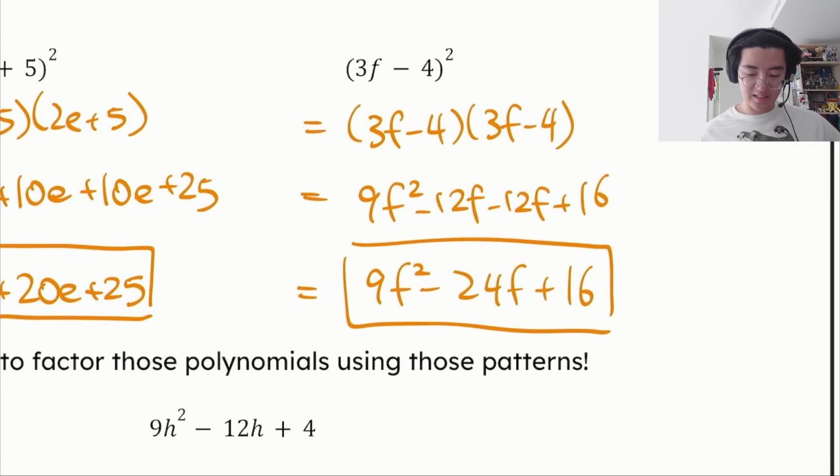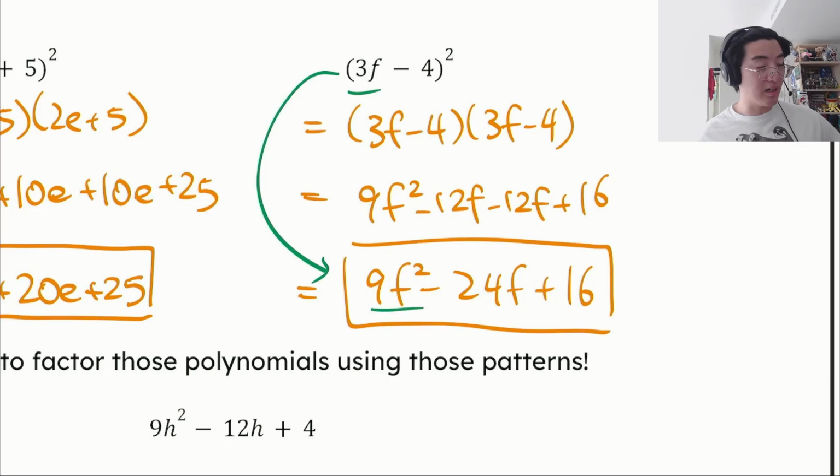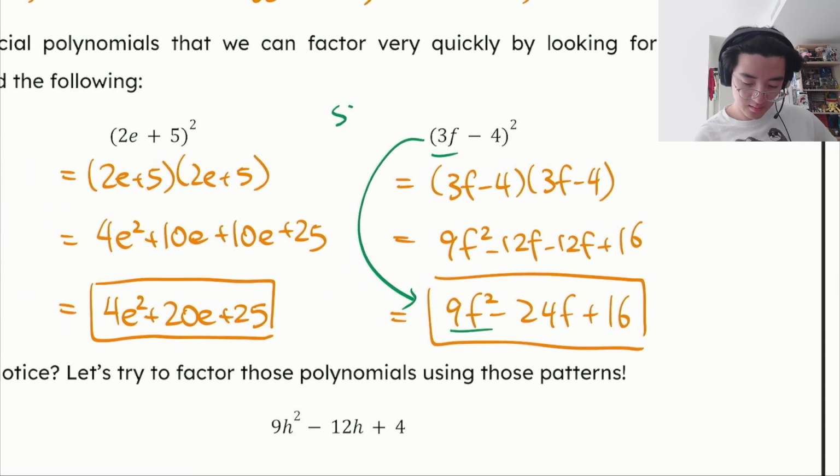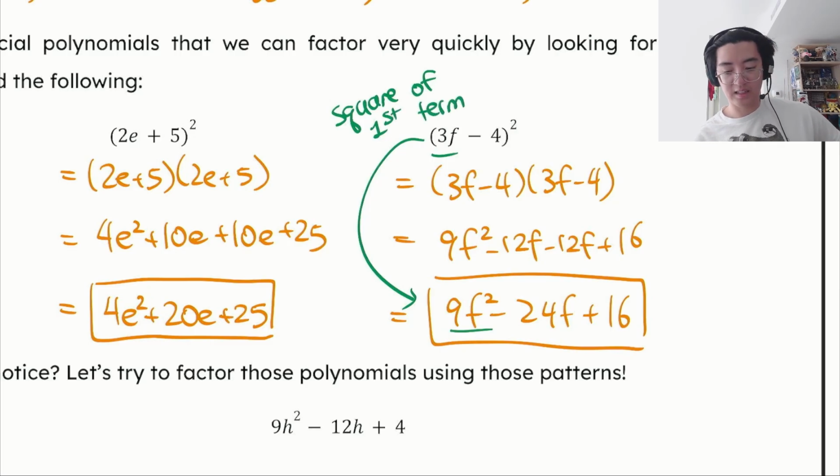And we notice here that this right here is the square of the first term. Right, and in the last term, so this is 3f squared.